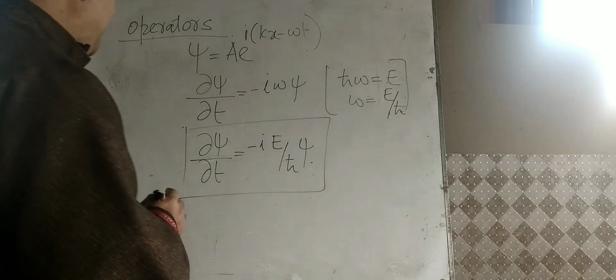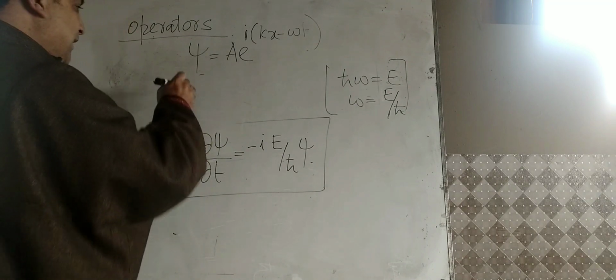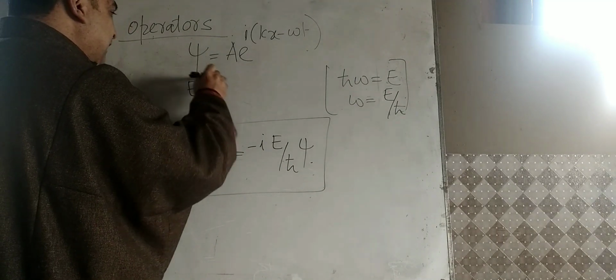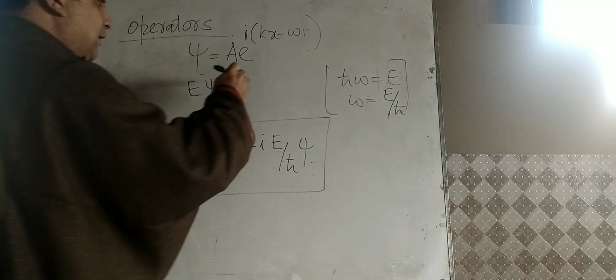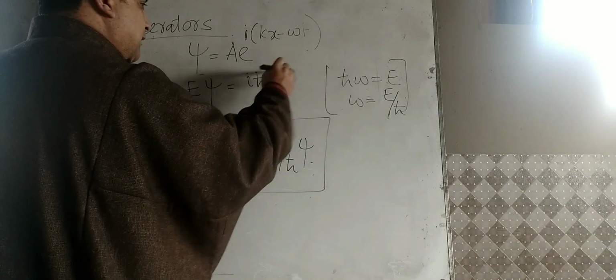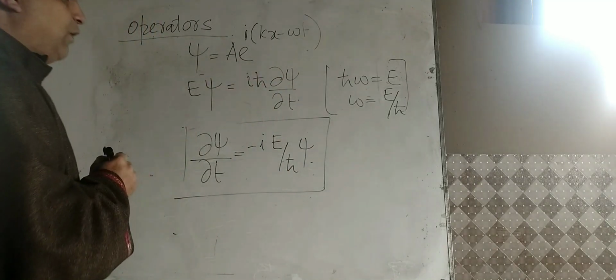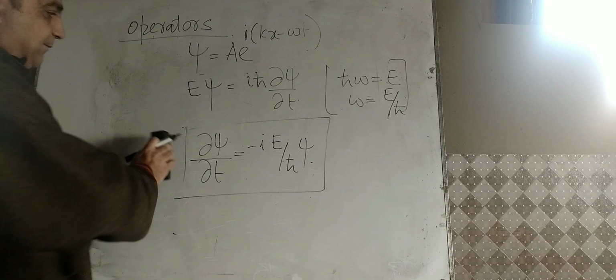I can simplify it a little bit more. So I can write E psi is equal to i h bar del psi by del t, the partial derivative of psi with respect to time.